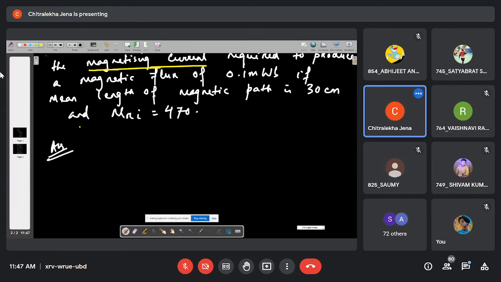The iron cross-sectional area is 6 centimeter square.